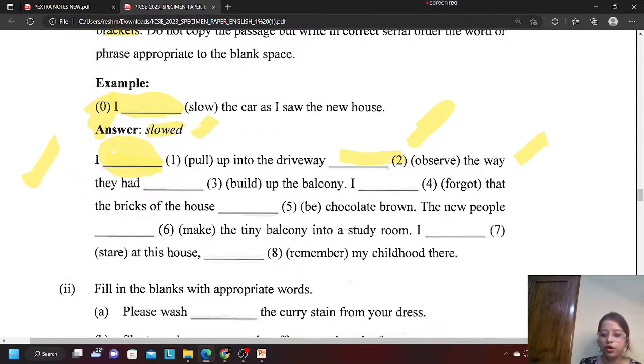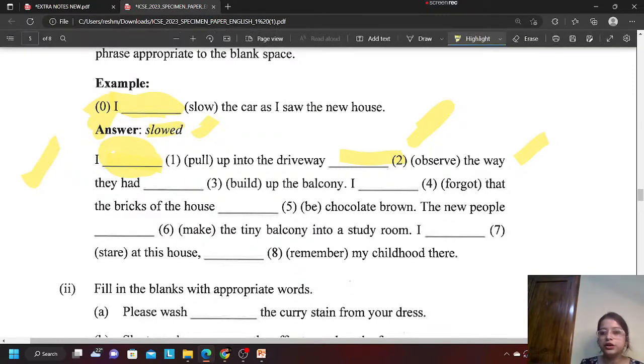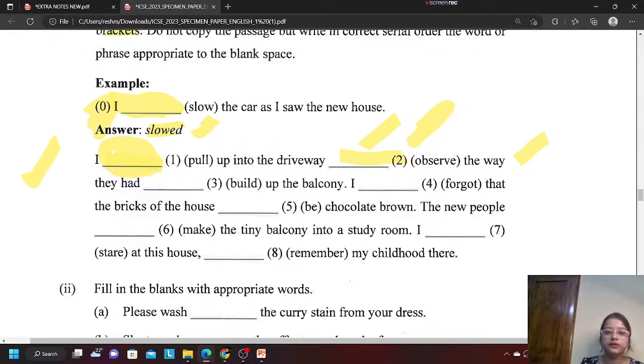Yes, very good. Disha, good evening. So yes, observing, because as I told you, it has to be a non-finite verb, where the verb will not change whether it is singular or plural. Whether you change this I to they or she, or change it in the present form, you will see this word observing remains unchanged. So this is your non-finite verb. Very good. They had dash build up the balcony.